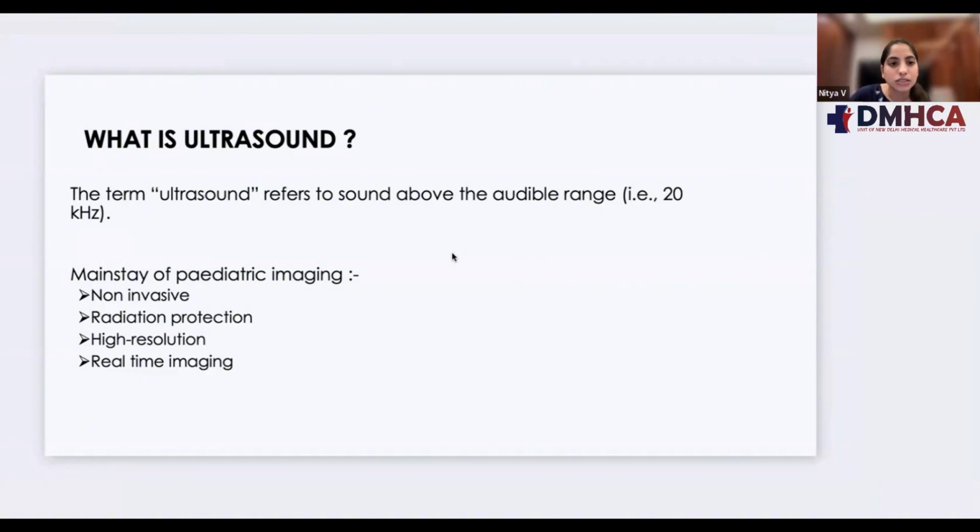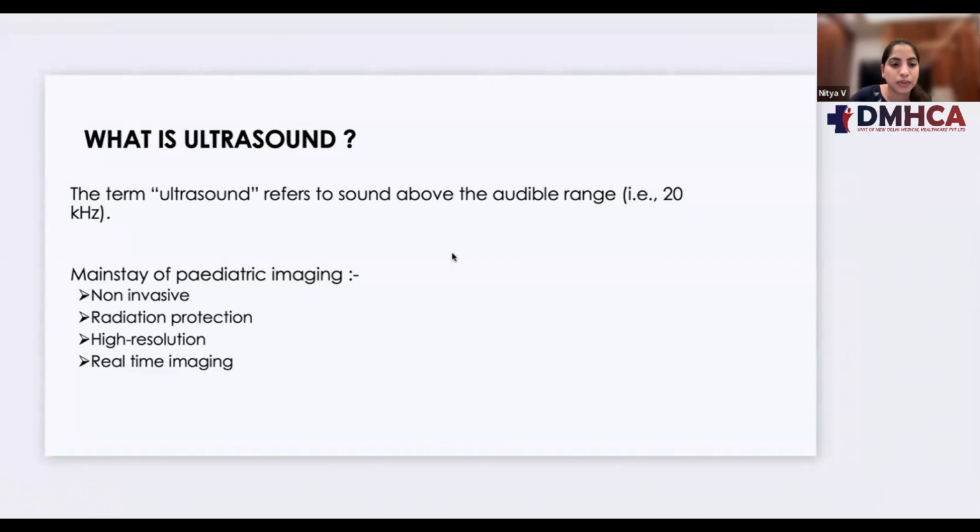Right? So, why do we prefer ultrasound over other modalities? Like, why not CT, why not MRI, or why not X-rays? So, first of all, we have already discussed that it is giving us radiation protection. Then, the second thing is that it is non-invasive. We are not using any contrast agents. We are not using any needles so as to scare the child. Then it is providing a high resolution image.